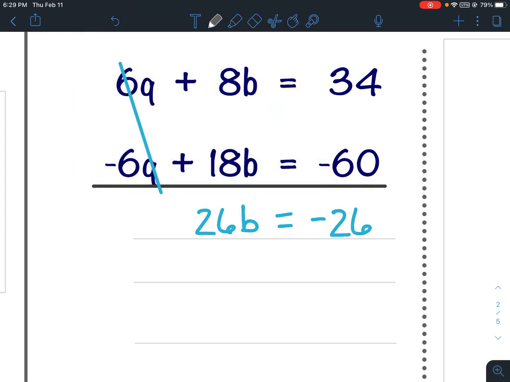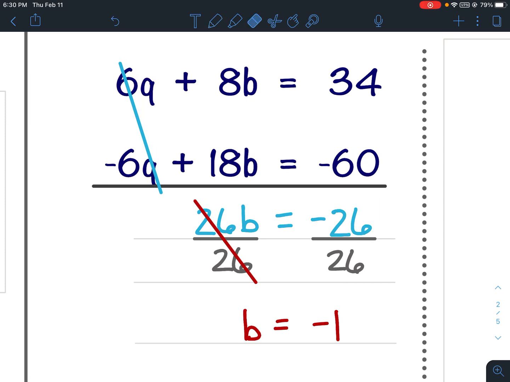To isolate the variable b, I'm going to divide both sides by 26. They would cancel, and b would equal negative 1. Negative 26 divided by 26 is negative 1.